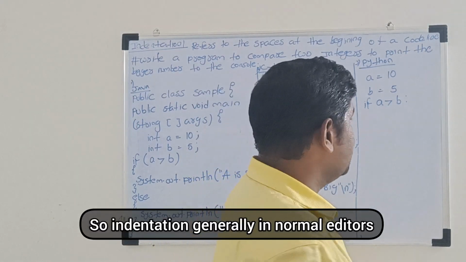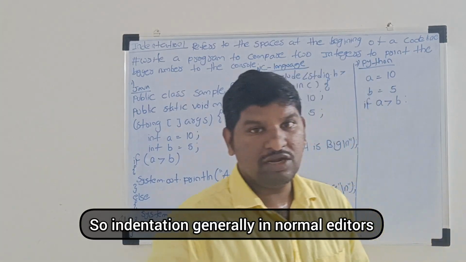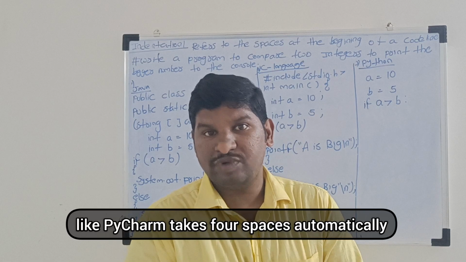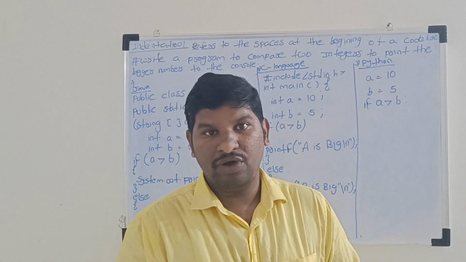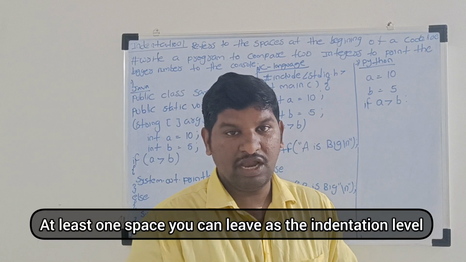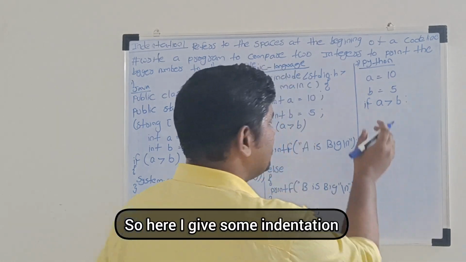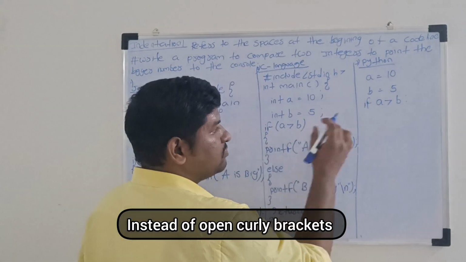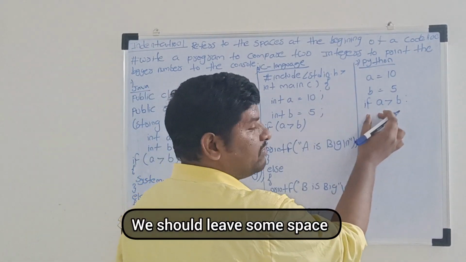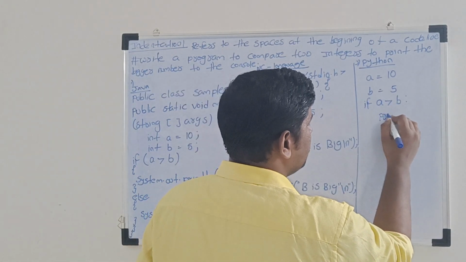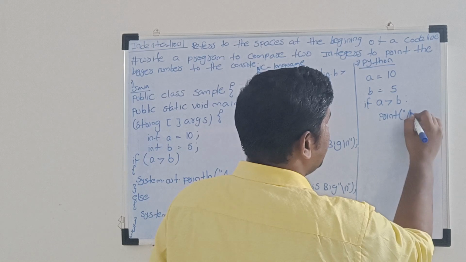So indentation in normal editors like PyCharm takes 4 spaces automatically. At least one space we can leave as the indentation level. So here I give some indentation. Instead of open curly brackets, you should leave some space for defining the block of code. So print a is big.